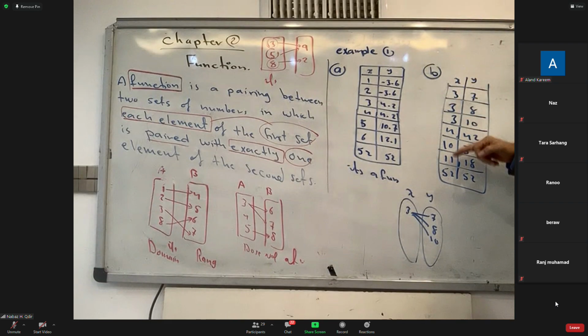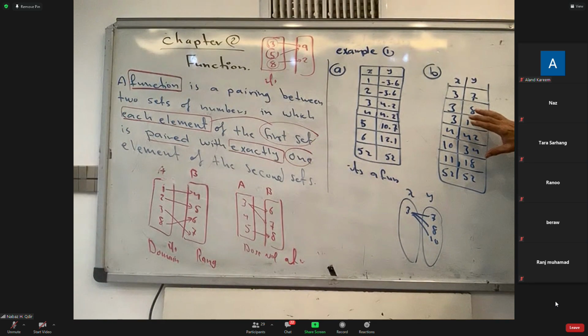We have two sets. Set X contains 3, 4, 10, 11, 52, and set Y, 7. The number 3 is connected with 3 numbers: 3 with 7, 3 with 8, 3 with 10, and 4 with.